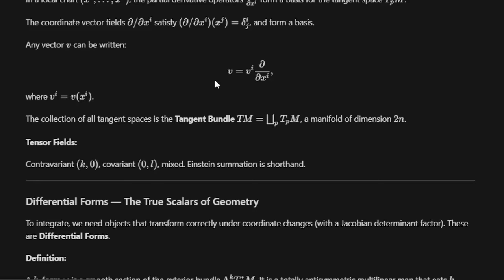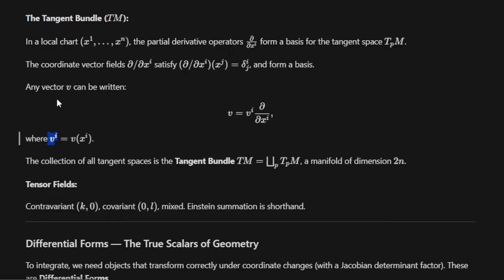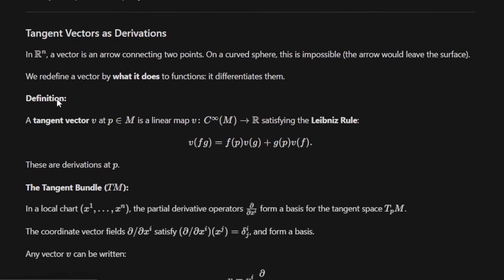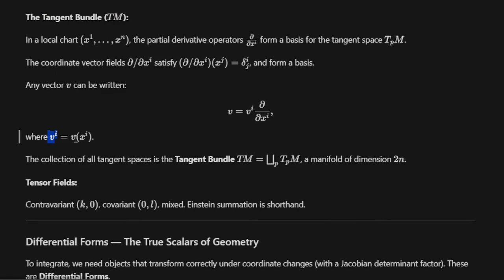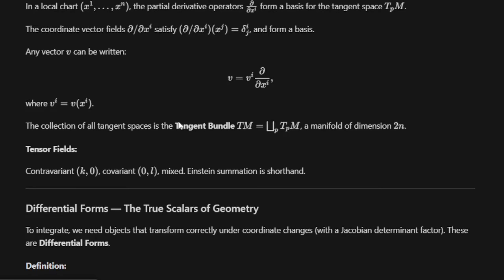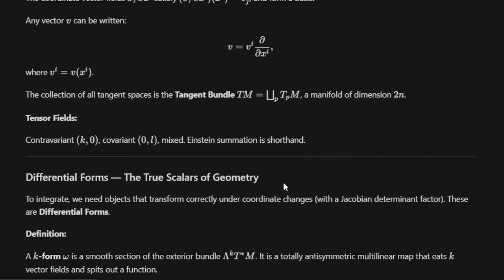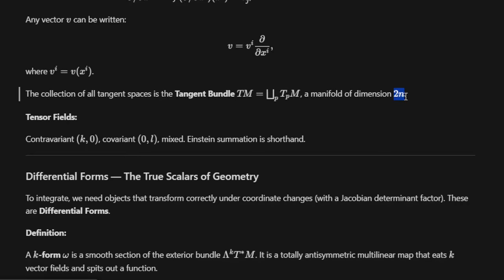Any single vector defined on a manifold, we can shorthand the velocity, or sorry, the tangent vector, in terms of just a functional of the coordinates. So the collection of all tangent spaces is the tangent bundle, and a bundle is always a manifold of dimension 2n.